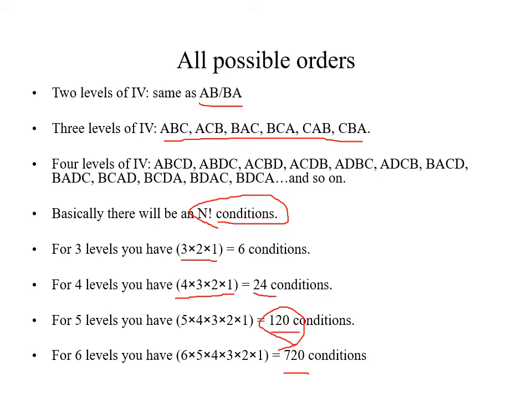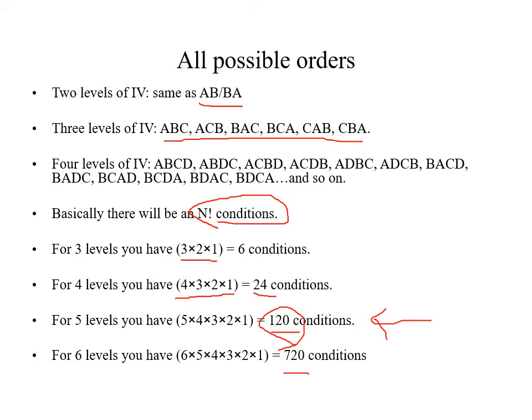But professor, you just told me that one of the main advantages of a repeated measures design is that I can cut down on my subjects. And now you're telling me I need to have 120 subjects? I mean, what the hell? This is so conflicted.